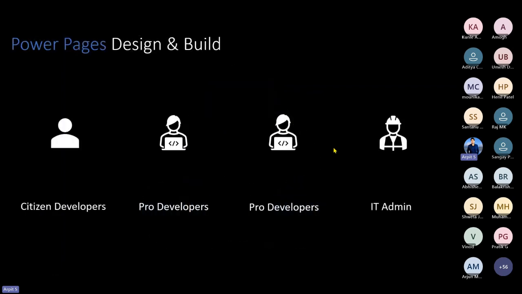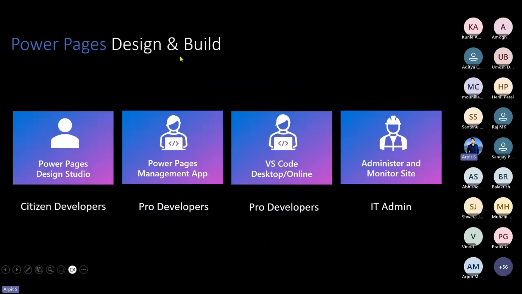Okay. And if you look at the different tools available to design and build the site, for the citizen developer, Microsoft has provided the Design Studio, and it is just a tool where you can simply drag and drop the controls. We can quickly see in the demo.